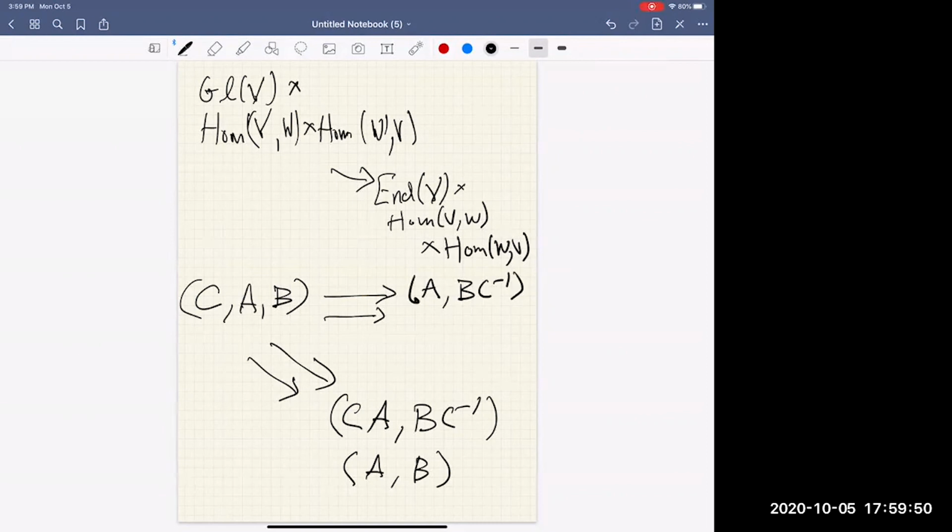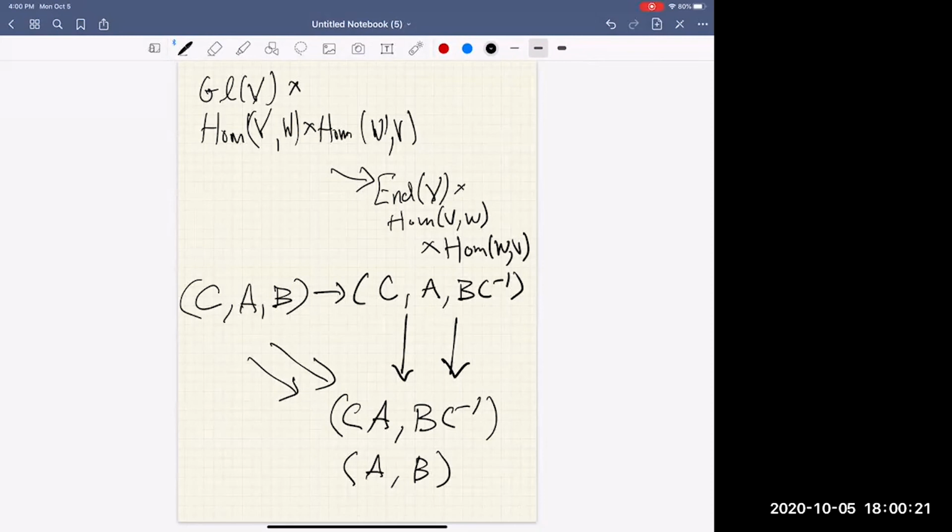And then this map, sorry. I believe I do this. See? Then this map, there's two maps. There's two maps that make this work, right? I can go to (CA, BC inverse) still, and I can still go to (A, BC) by just multiplying by C on the right, right?